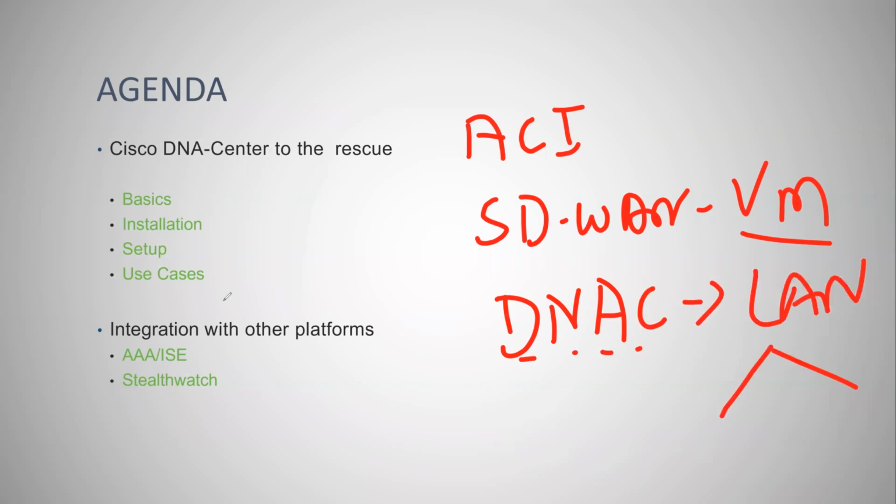Nowadays, LAN is not that small. LAN is big. And in LAN, you have wired and wireless. Both flavors you have, right? And when we are talking about wireless, now you'll see a lot of companies are directly moving to wireless because no one wants to see the wire.